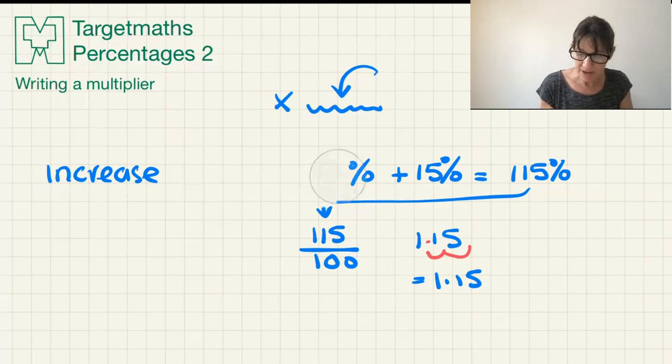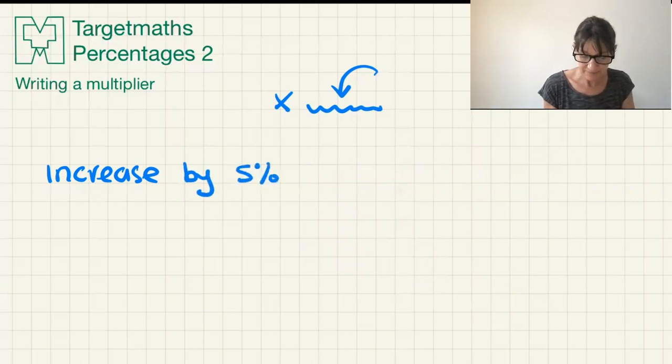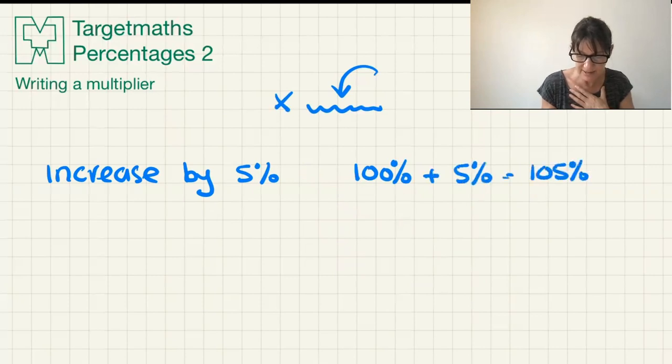So let's see that again. Let's say my question is saying increase by 5%. I know I want all 100%. I want to increase it by 5%, which is going to give me 105%. That means that, and its decimal version, remember, just come in 2 places and you've got 1.05.